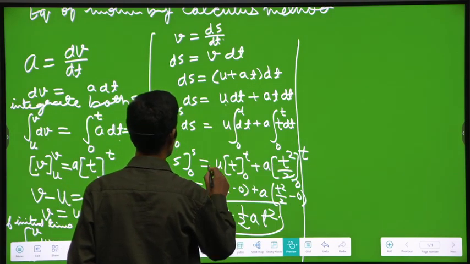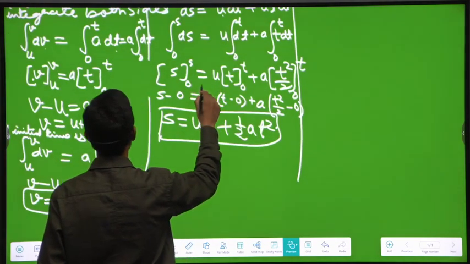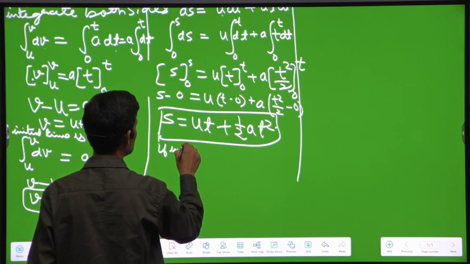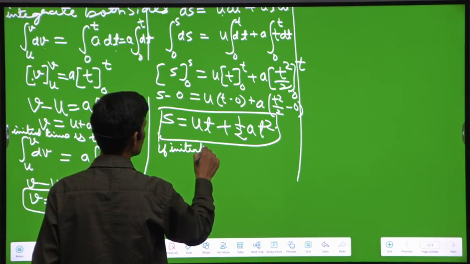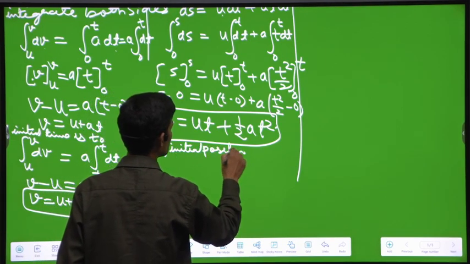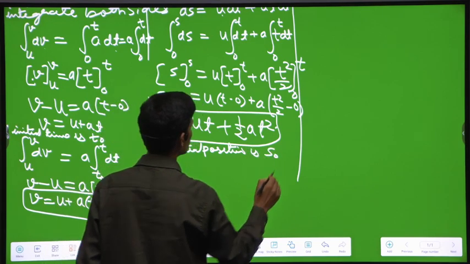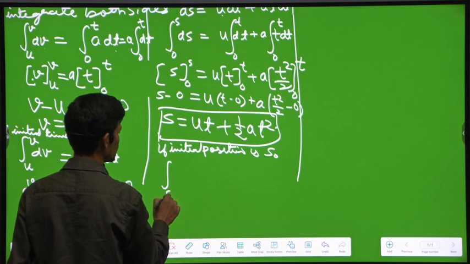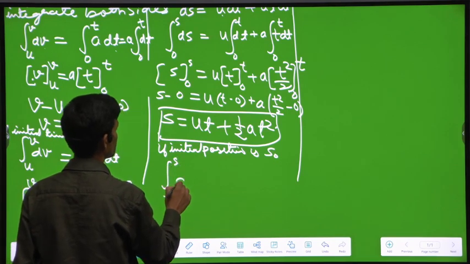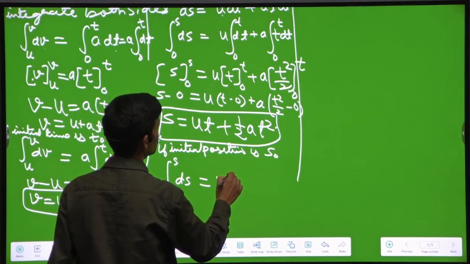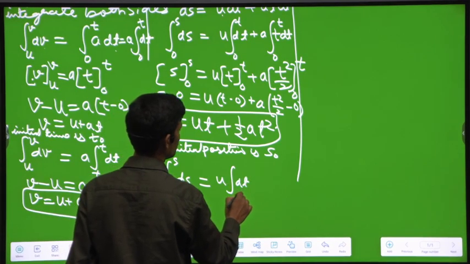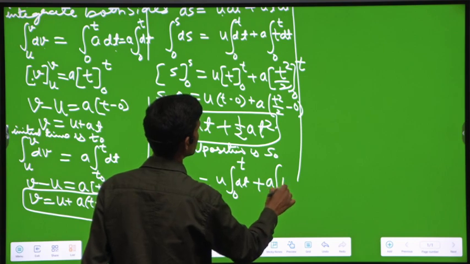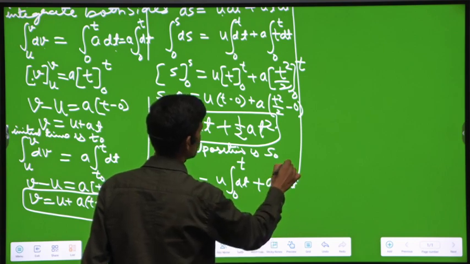Let me tell you: if the initial position is s naught, then it will be integration s naught to s ds equal to u dt, 0 to t, plus a t dt, 0 to t.